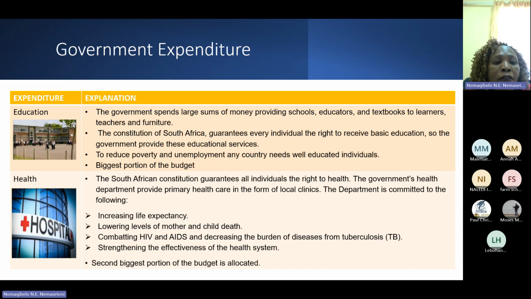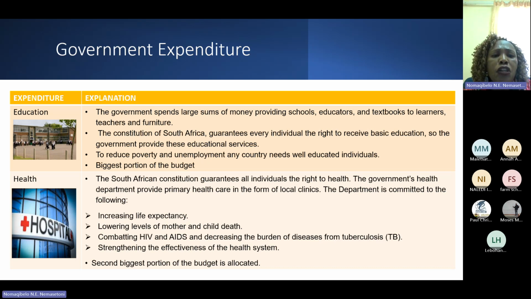So for the education department, they allocate money to spend on what we already mentioned: schools, educators, textbooks, and learners. And this we already talked about last time when we were talking about the government, especially the services that are provided by the government, either the national, the provincial, or the local government.